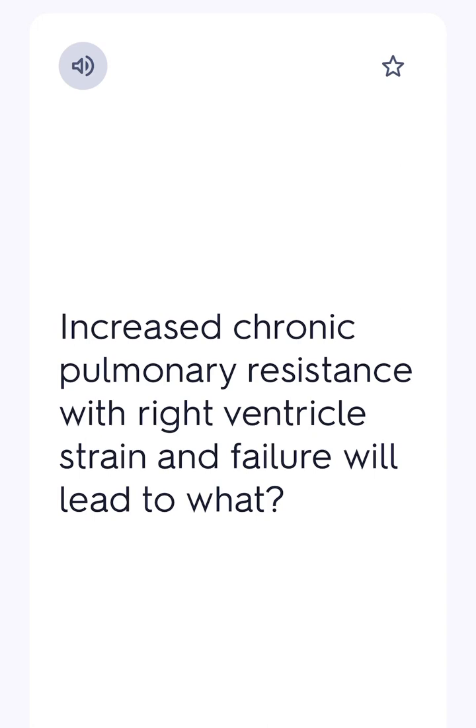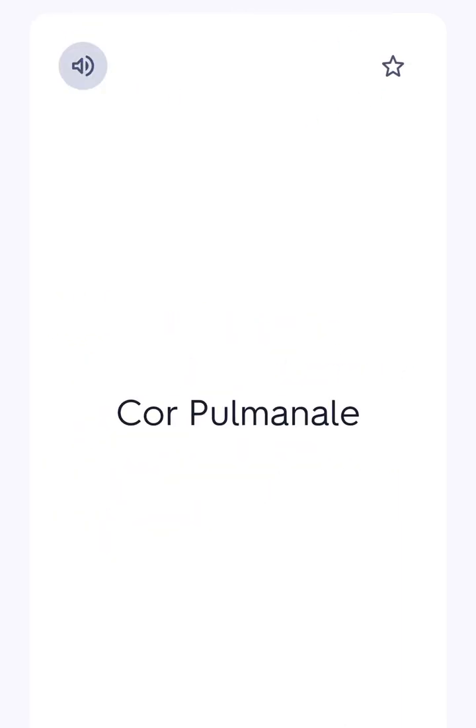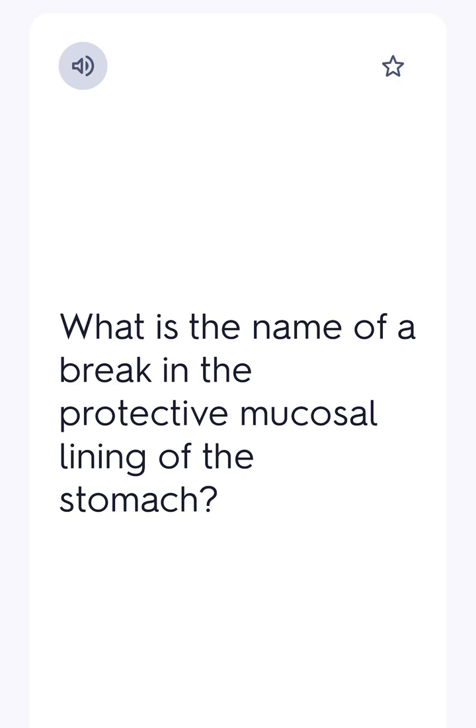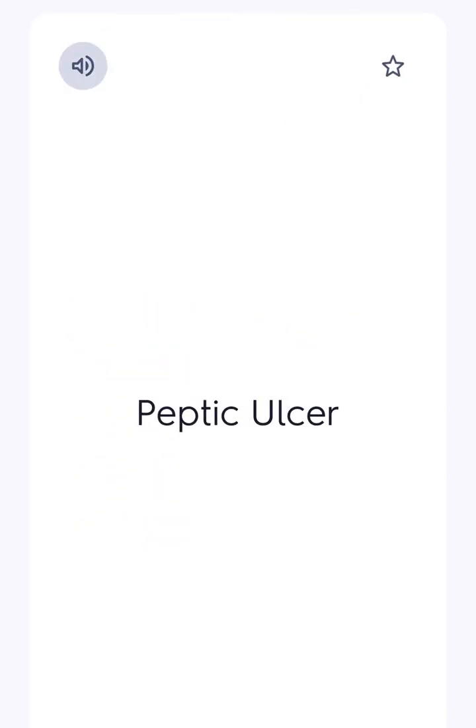Increased chronic pulmonary resistance with right ventricle strain and failure will lead to what? Cor pulmonale. What is the name of a break in the protective mucosal lining of the stomach? Peptic ulcer.